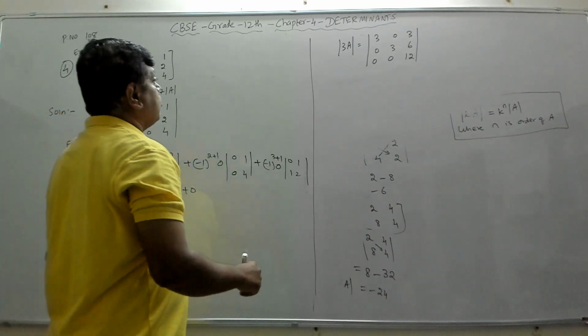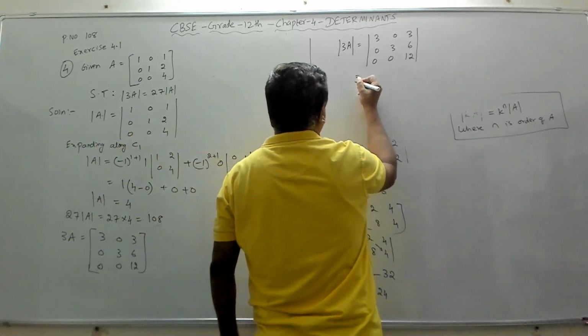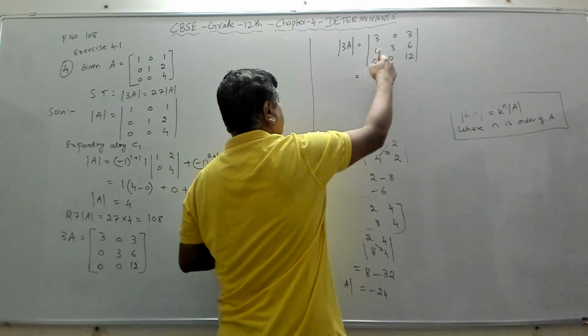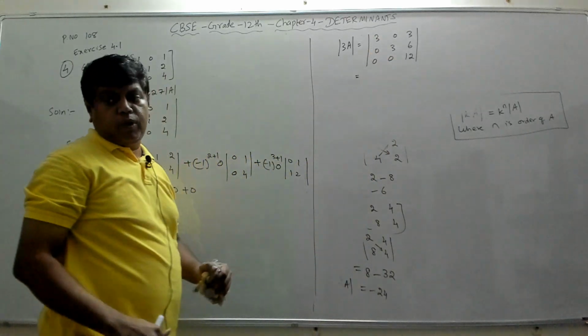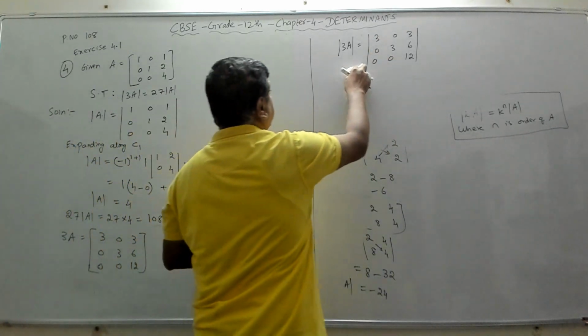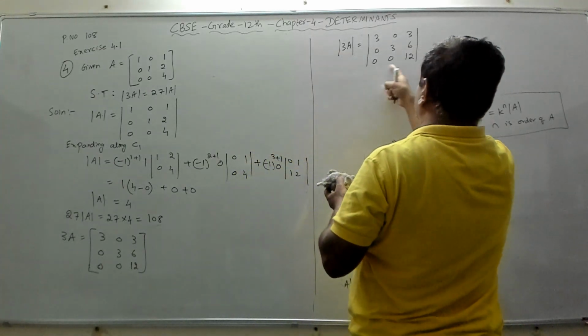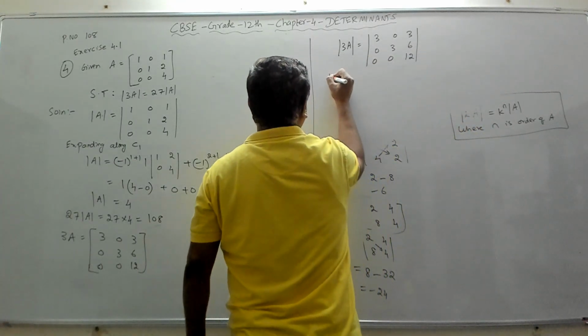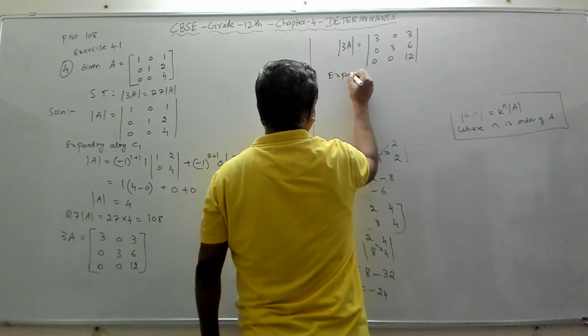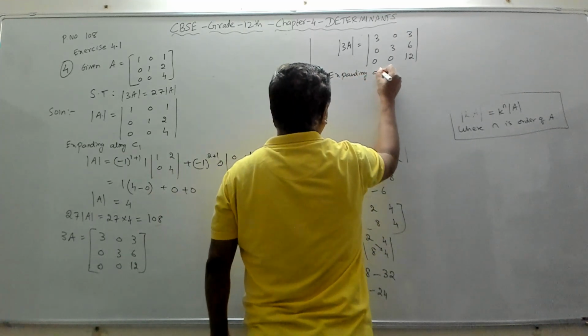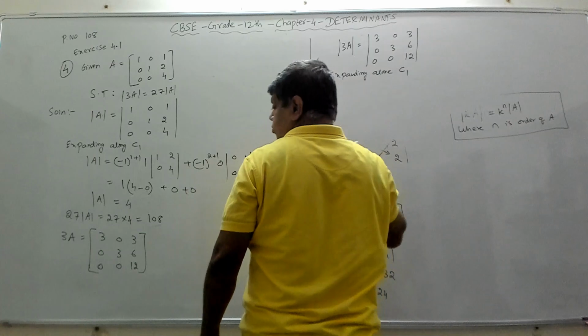Fine. Now let's evaluate. Again we can expand through the same column C1, or we can even expand through R3 also. Anything is okay. So we'll expand along C1, which means column 1.